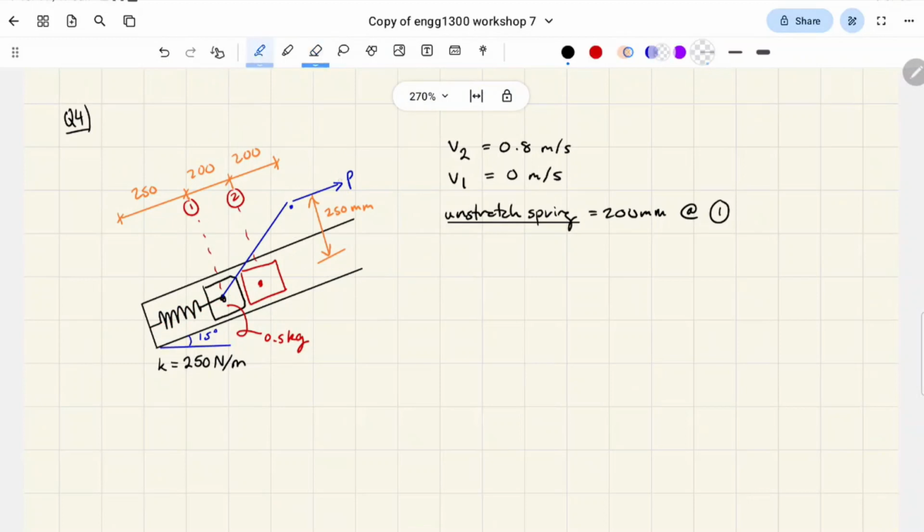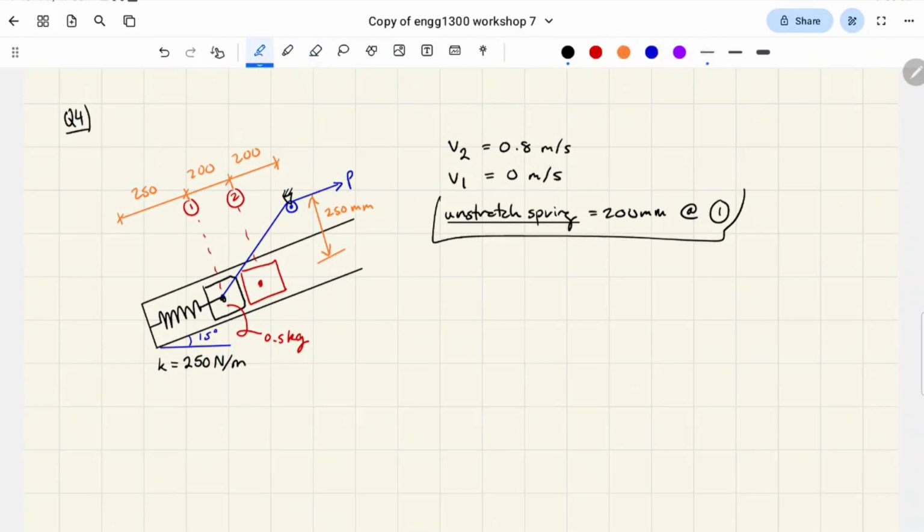We have this fixed pulley and this force P that's pulling on it, right? And we're given that the velocity in state 2 is 0.8 meters per second. We're given that it starts from rest, so V1 is 0 meters per second.